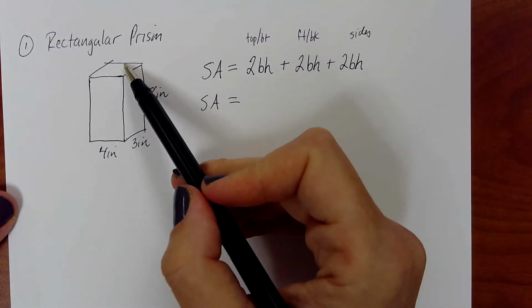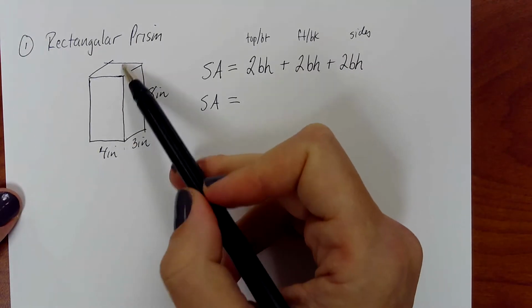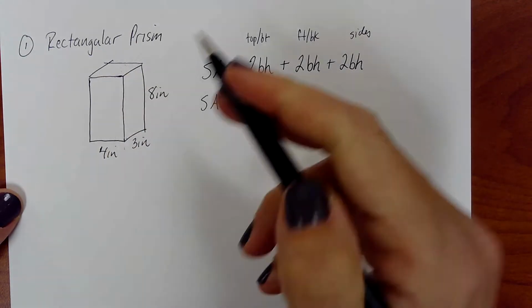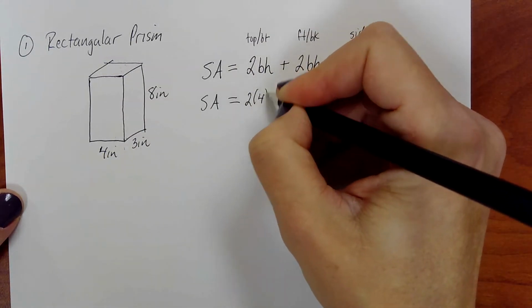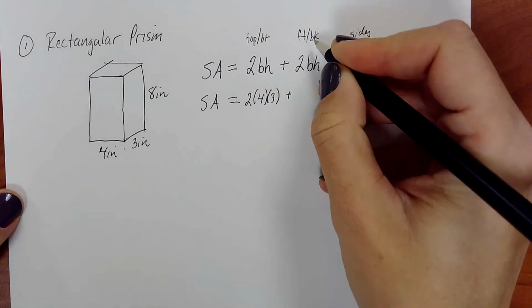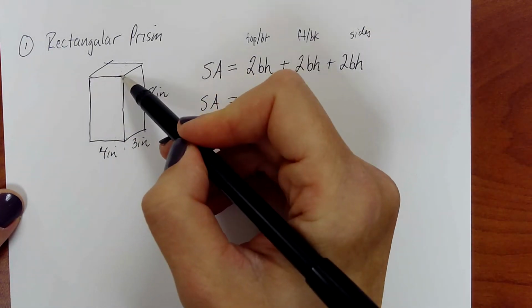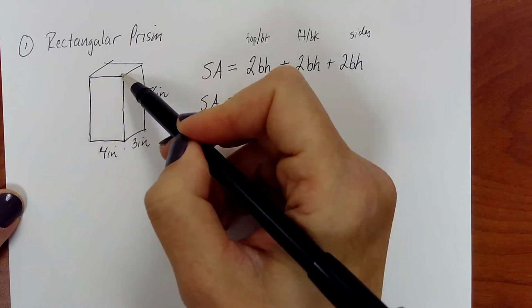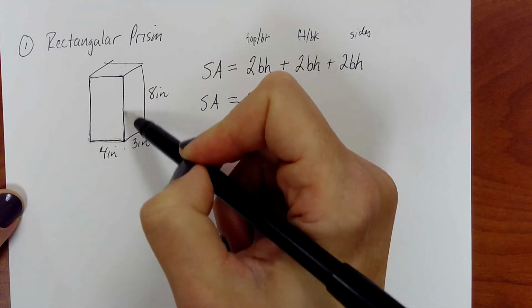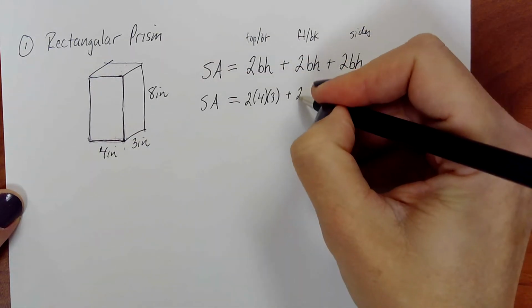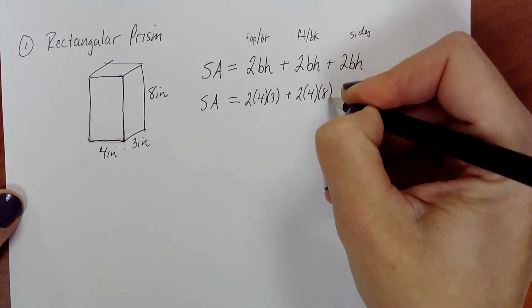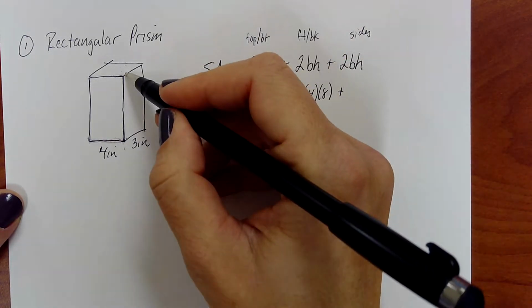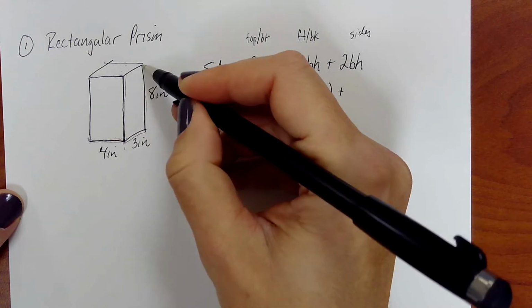So the top rectangle is 4 by 3, right? So that's 4 by 3 plus the front and back. So sometimes I trace it. Here's the front rectangle. That's 4 by 8. So that's 4 by 8. And the side rectangle here looks like 3 by 8.